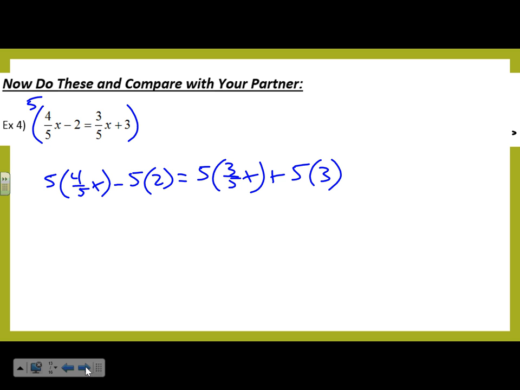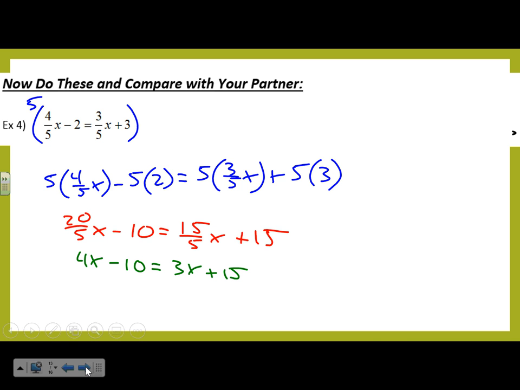So that's 20 over 5x minus 10 equal to 15 over 5x plus 15. 20 over 5 is 4. 15 over 5 is 3. And now we solve just like normally. X is equal to 25 for that one.